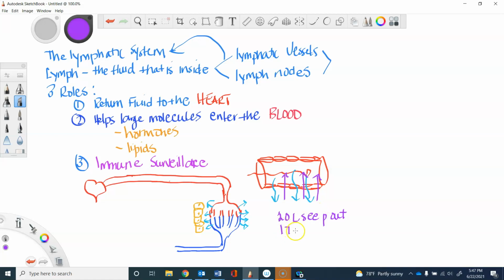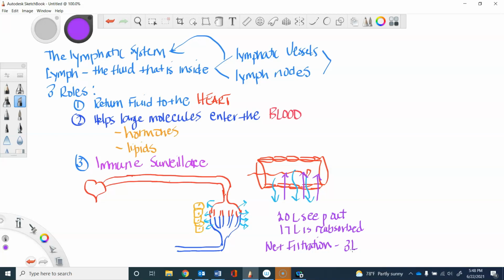About 17 liters is reabsorbed. So it goes back in. So that leaves a net, what we call a net filtration of fluid of 3 liters that ends up in the interstitial space.